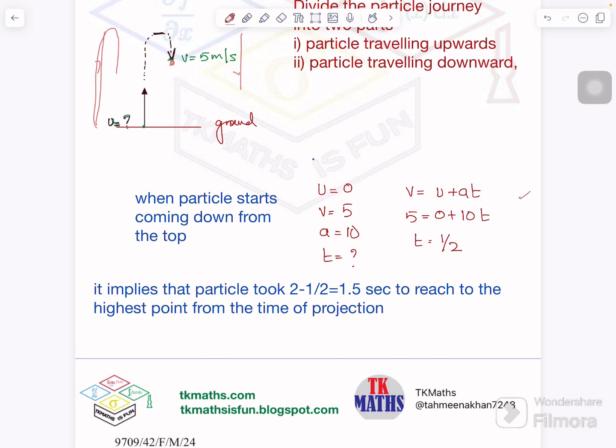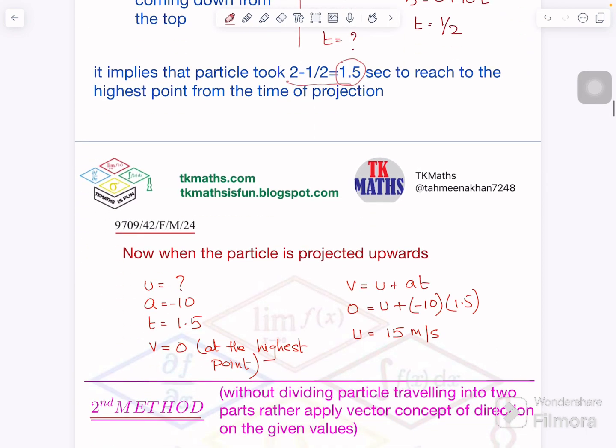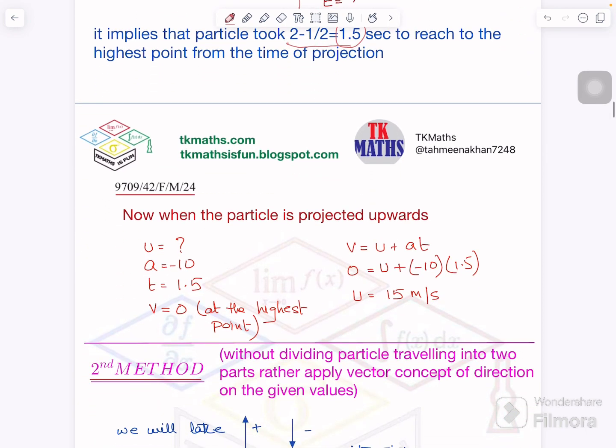So I have found out the time when it was coming down with the help of this information, and then I have subtracted it from the total journey. So I know the time it took to go from the starting point to the maximum point. I kept that approach, and from here I have found the starting point velocity, the velocity at the time of projection, projected upward.